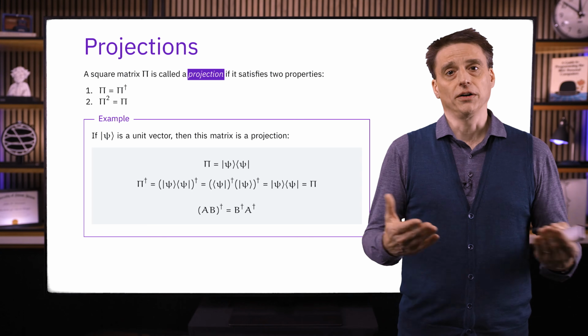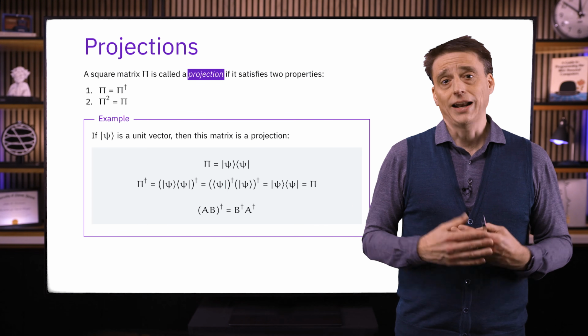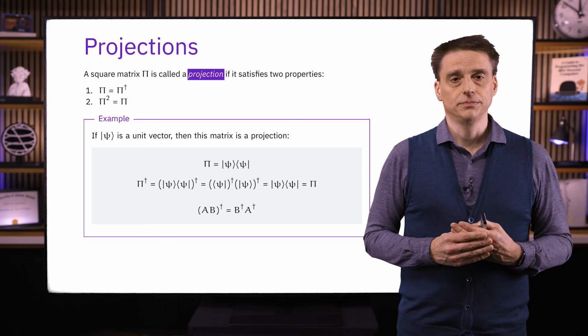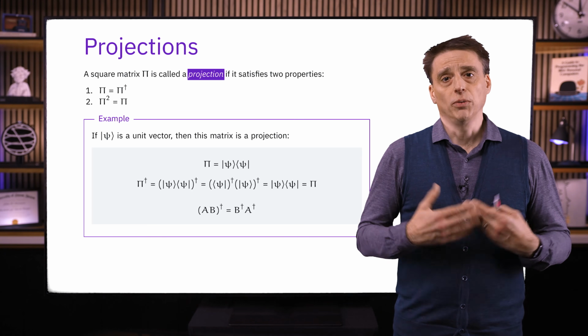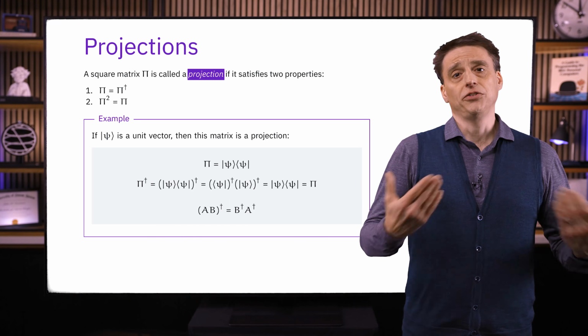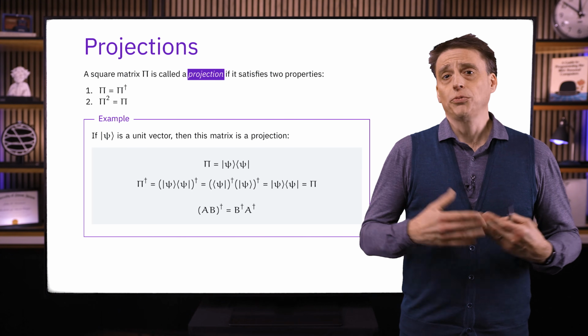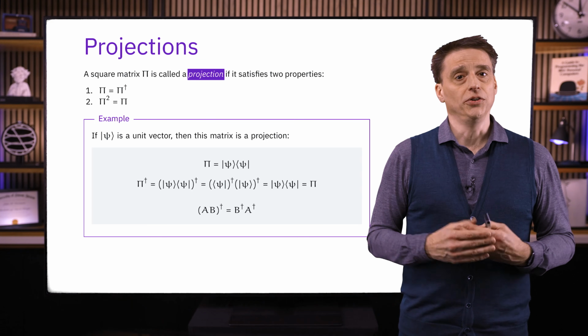What you get is the product of the conjugate transposes, but the order gets reversed. That happens because of the transposition part. If we apply that formula, we obtain this equality, and we can then simplify to get back the original matrix. Notice, by the way, that we didn't use the fact that psi is a unit vector.